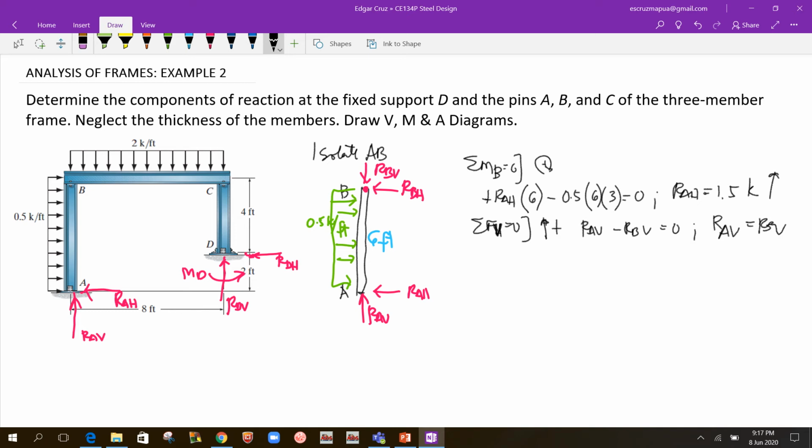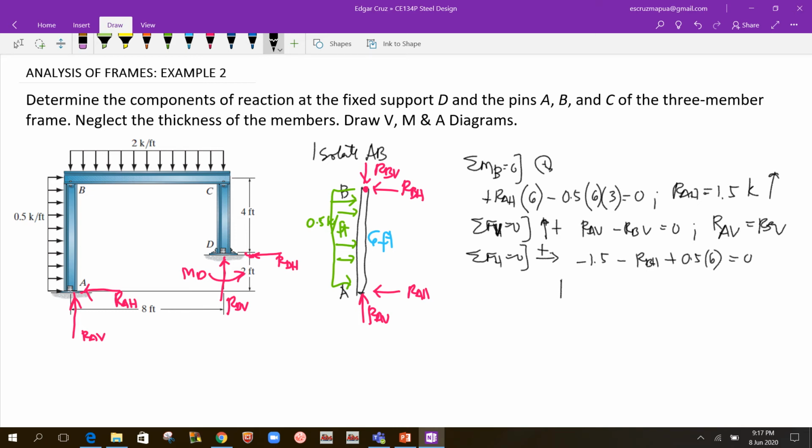But since we have already solved for RAH, we could sum forces horizontal equal to 0, with right as positive. Negative RAH, which is 1.5, negative RBH, plus the uniform load, which is 0.5 times 6, should be equal to 0.